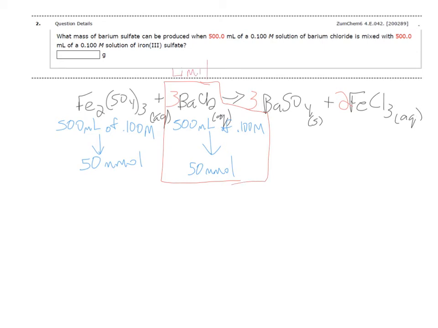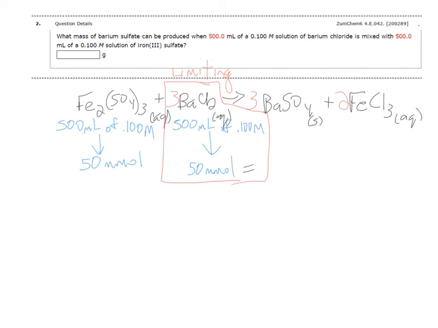So we've identified the limiting reagent without having to do its own set of calculations. We know that barium chloride will be limiting because it gets used up 3 times as quickly as iron(III) sulfate does. And given that there's the same number of moles of each reactant, that means that the barium chloride will run out first.